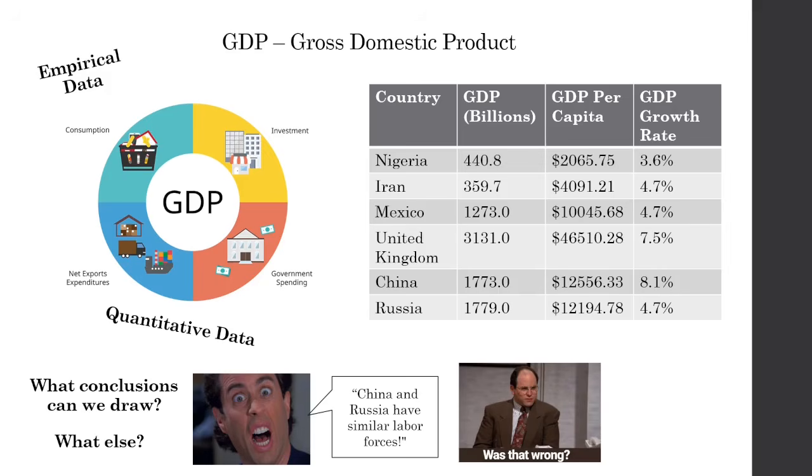If you have more apartments and single family homes, how's that going to impact your investment patterns? And those will vary between countries, as well as your taxes and your trade, because net exports deals with trade. It's imports minus exports. So there's just so much stuff going on.